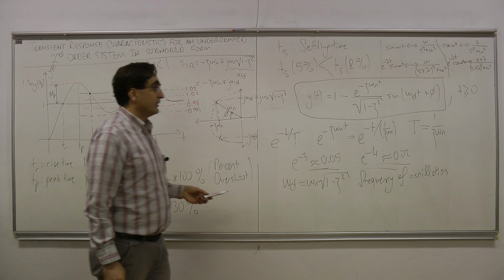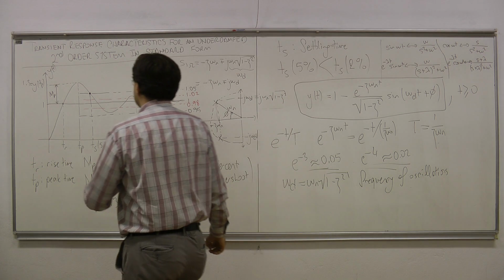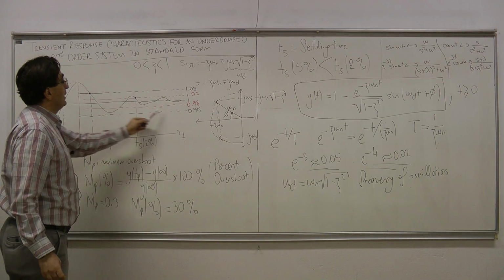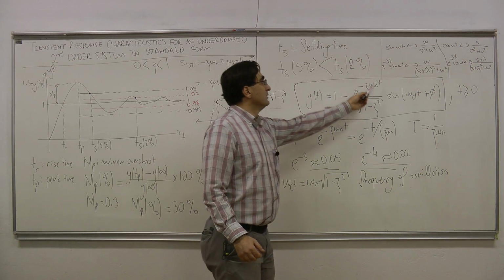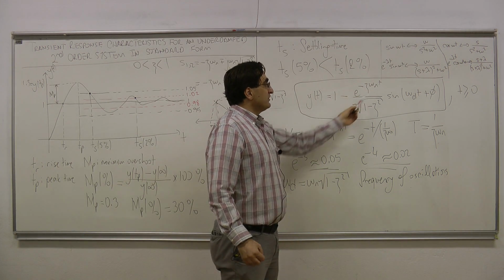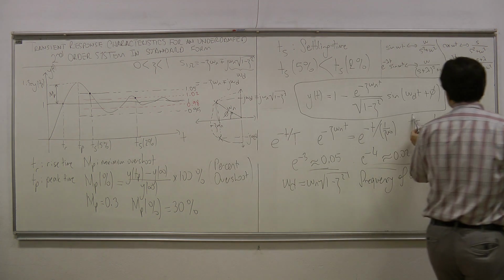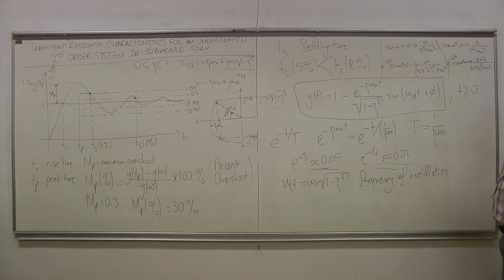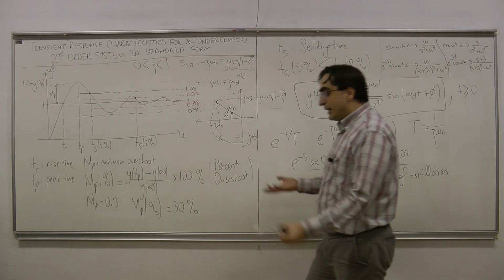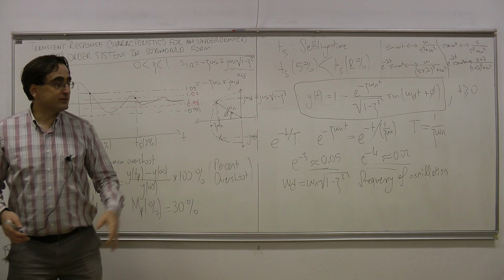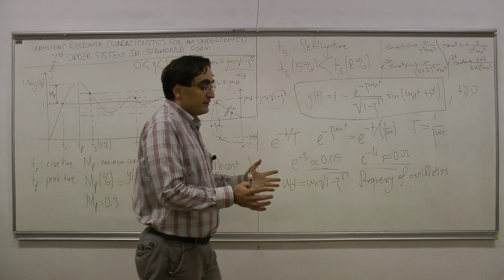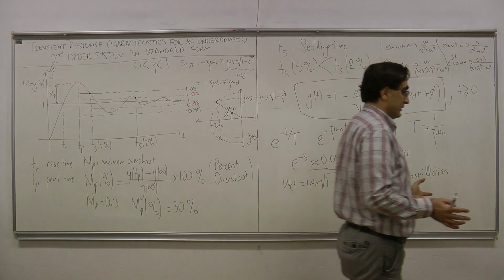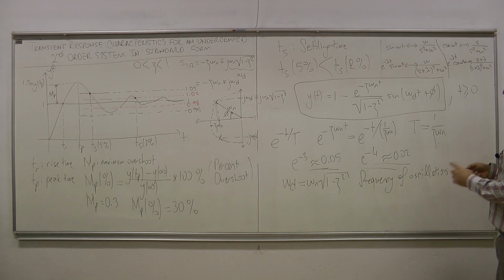What about this decay rate? This sine is decaying with the exponential, and this decay rate is determined by the time constant of that exponential. If the time constant is large, we are going to have a slower decay. If the time constant is small, we are going to have a faster decay. How can I say that?